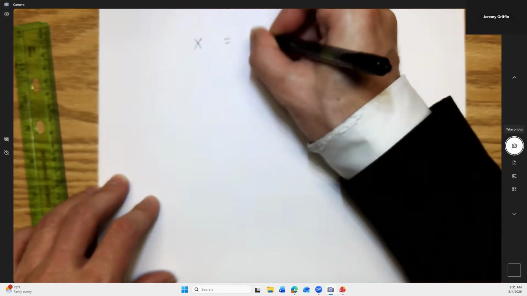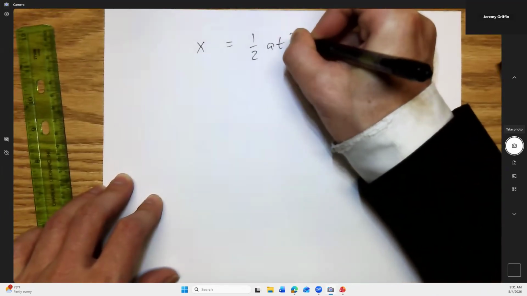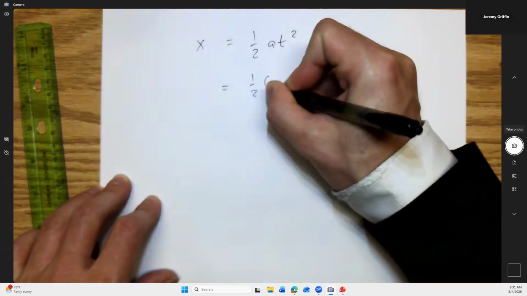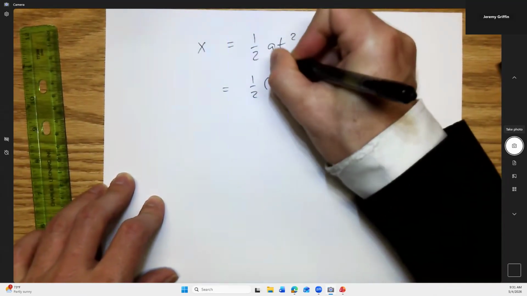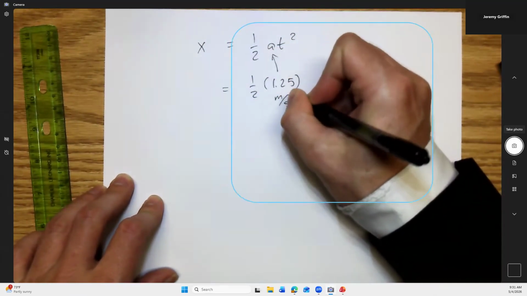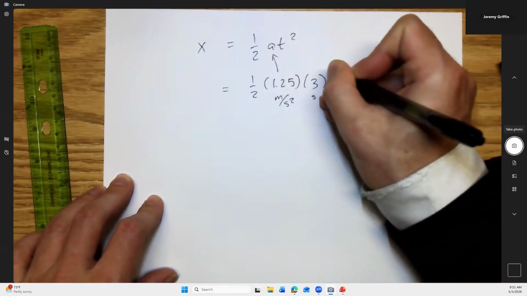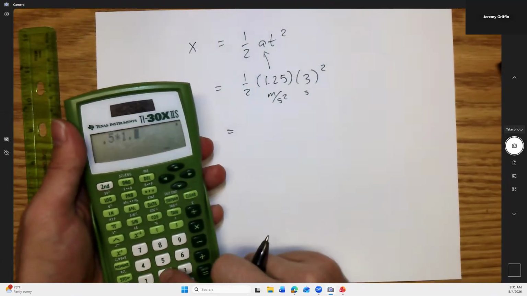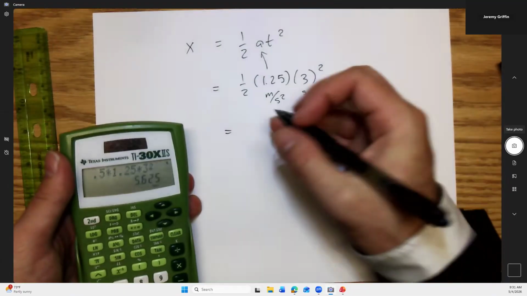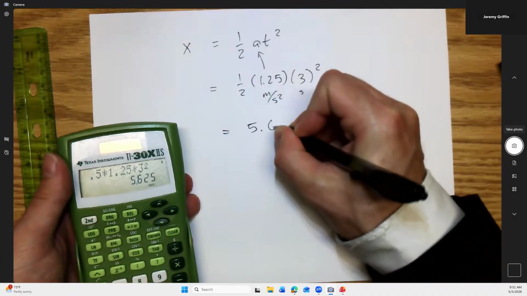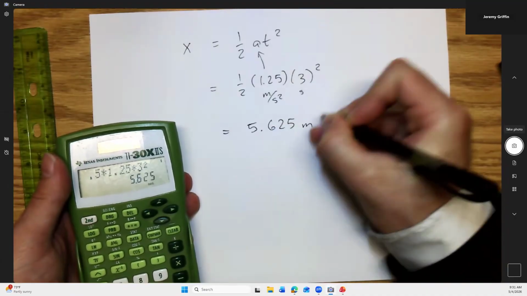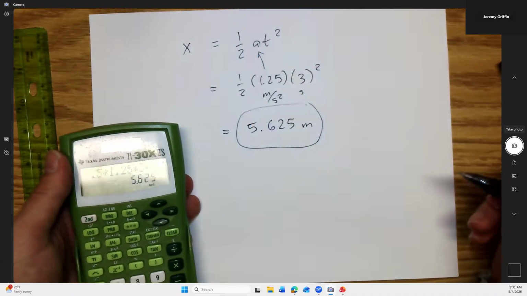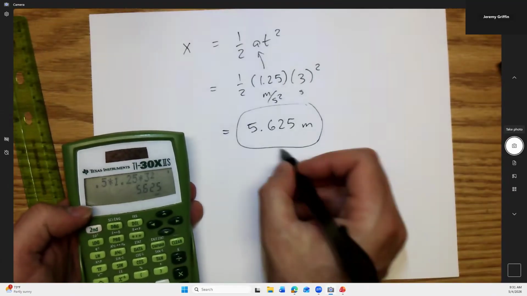So x is 1/2 a t squared, with 1.25 meters per second squared and 3 seconds: 0.5 times 1.25 times 3 squared. Yep, that's exactly it, 5.6 meters. That's right.